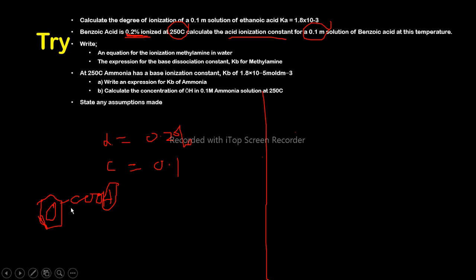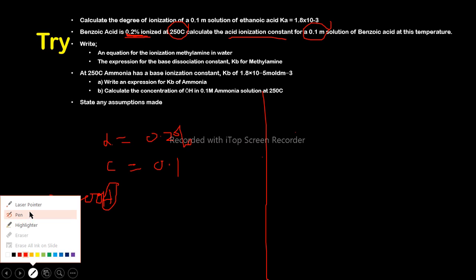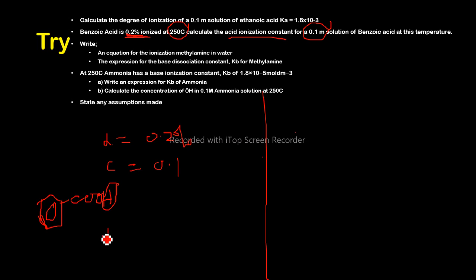We can see that benzoic acid is a monobasic acid, and so our alpha also conforms to our general formula, which is the square root of Ka divided by C. Now, if the degree of ionization is given in percentage, it means it was got by multiplying the degree by 100.